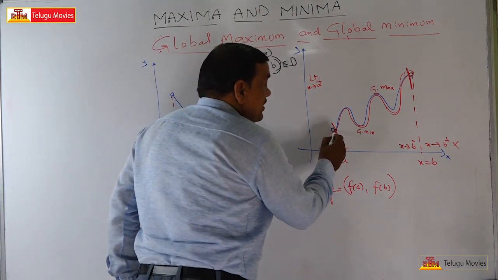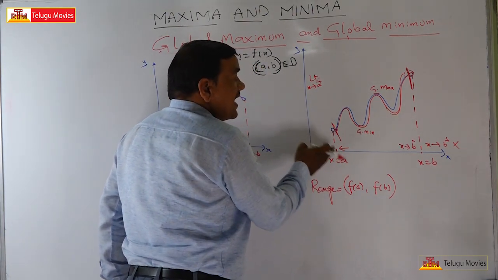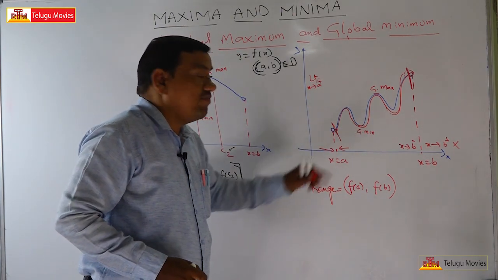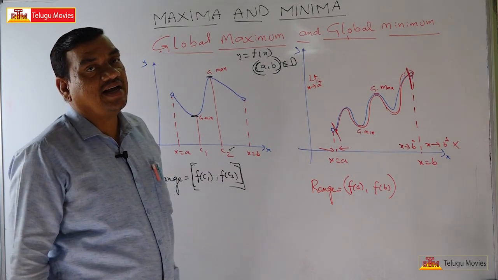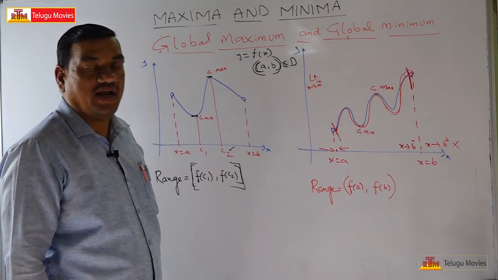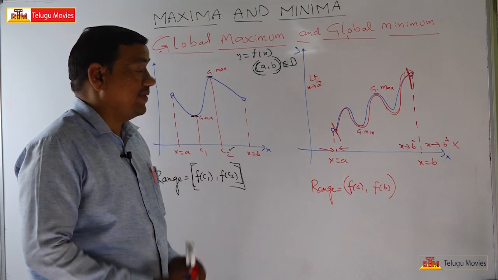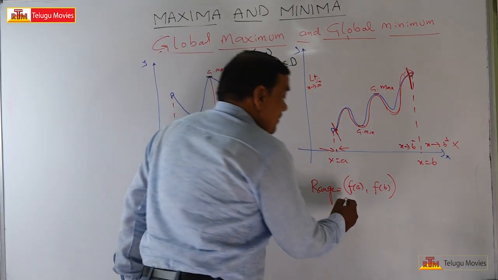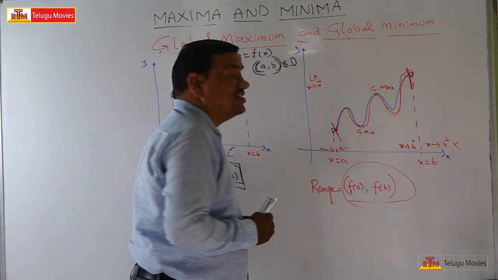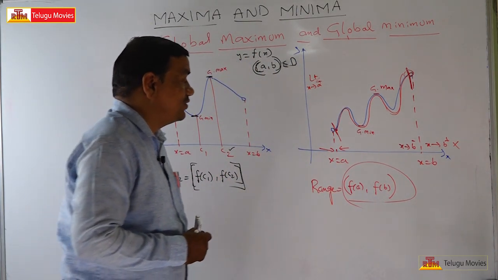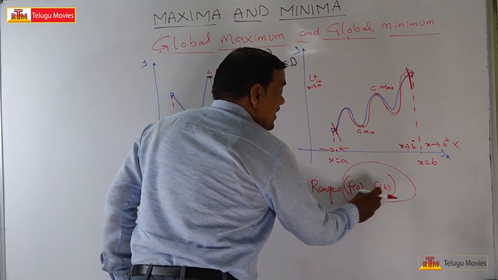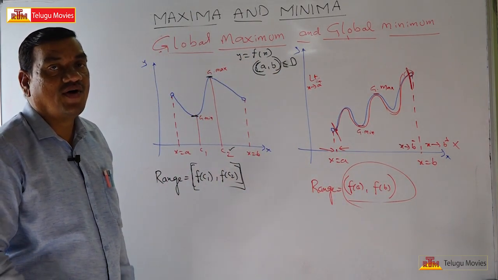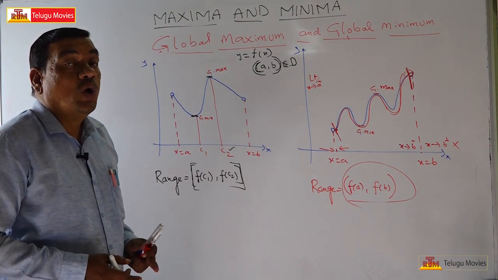Here also, even though x is equal to b, it appears to be the global minimum value, but we should not take that point as the global minimum. But see here, very carefully: I have taken the range to be f of a comma f of b, with an open bracket. Understand? f of a comma f of b open bracket.